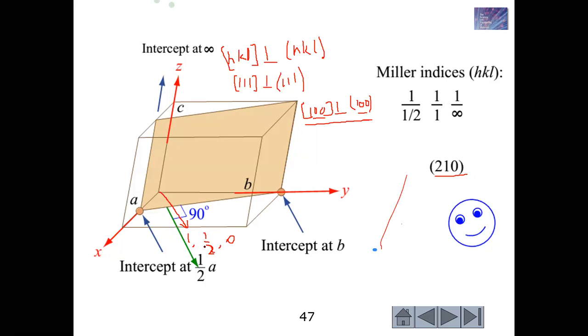So multiply it with 2 to clear fractions, so it will be 2 1 0, and enclose it in square brackets. So see, the [2 1 0] direction is perpendicular to the (2 1 0) plane, right? So this property holds for all such instances.